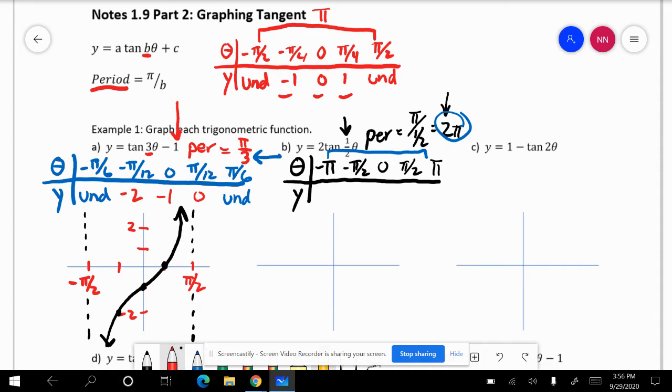Now, if we're looking at our A value, it's 2. Remember, our amplitude is always the absolute value of A. So we're multiplying each of our values by 2. Now, obviously, undefined, we're going to start and end with that. The negative 1 becomes negative 2. The 0 stays as 0, and the 1 becomes a 2.